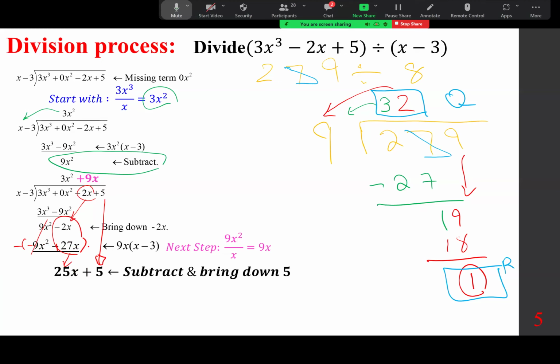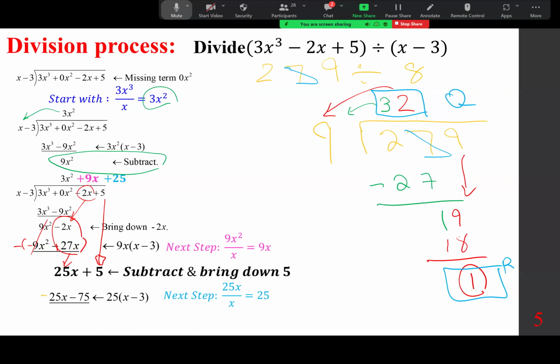Now, again, you continue by dividing 25x by x. You get 25, and you put it here. And now multiply it by that. You get 25x minus 75. And now you subtract.